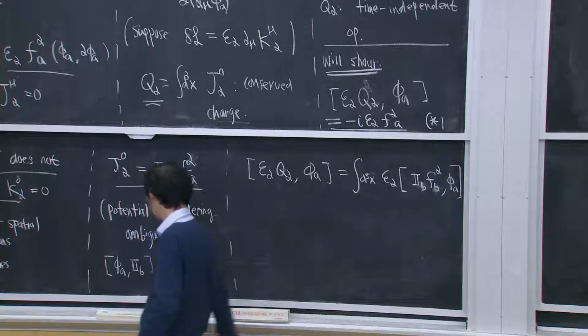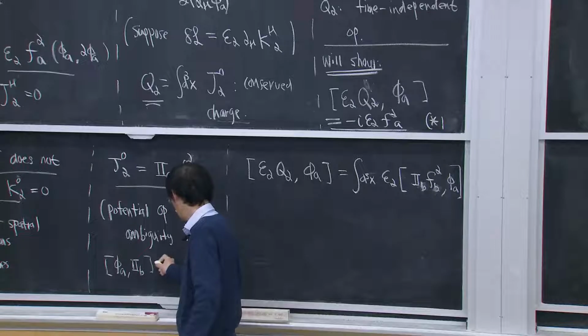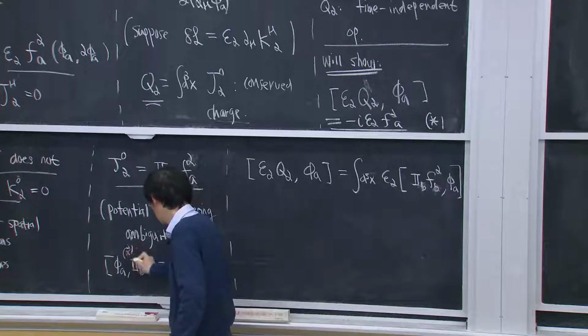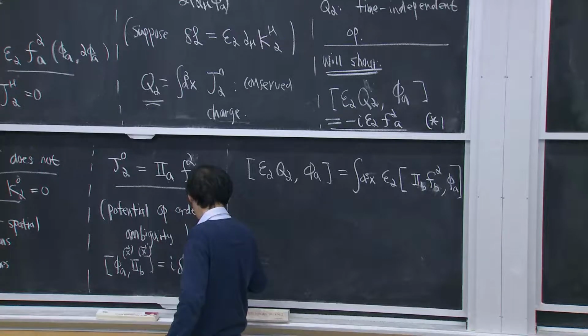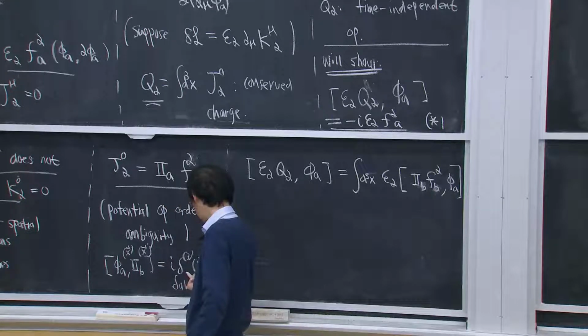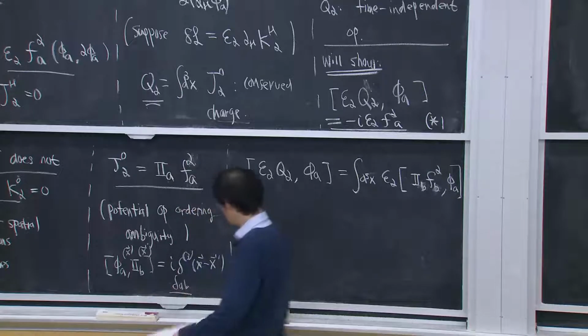We discussed the scalar case, but in general you have this commutation relation, which is delta 3 of x minus x prime, and delta AB. Each field only has a canonical conjugate momentum with its own momentum. If they are different fields, then of course the commutator vanishes.